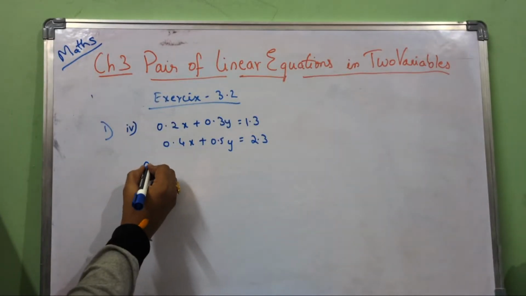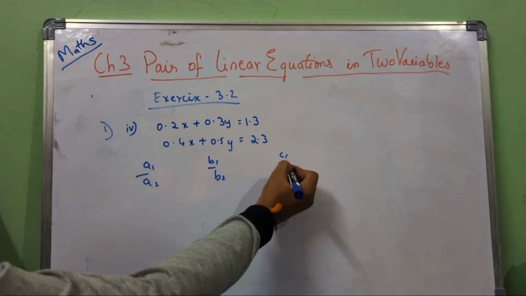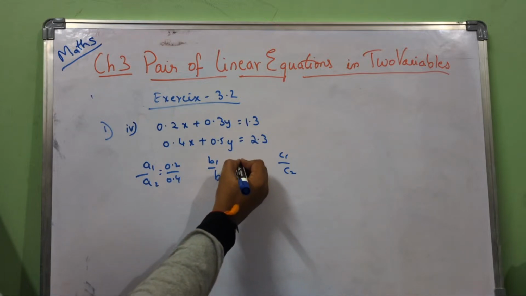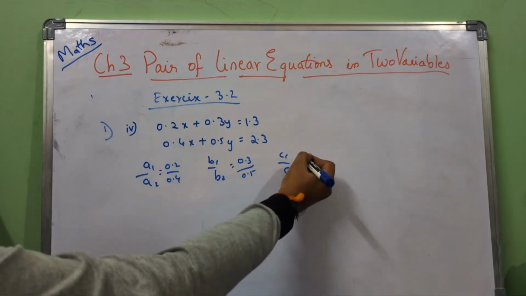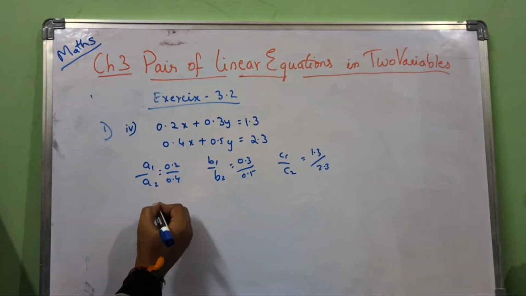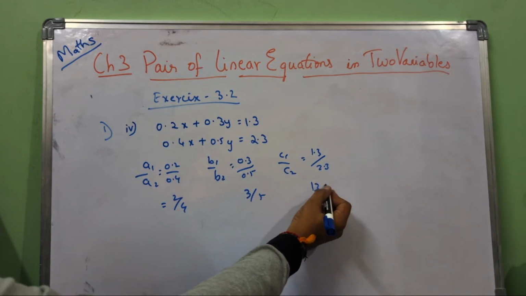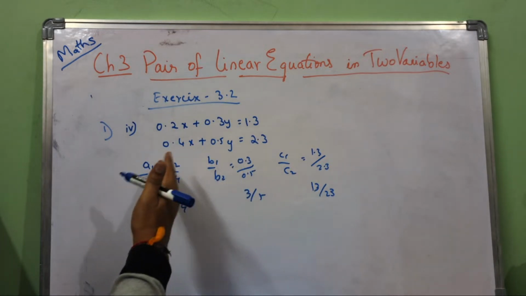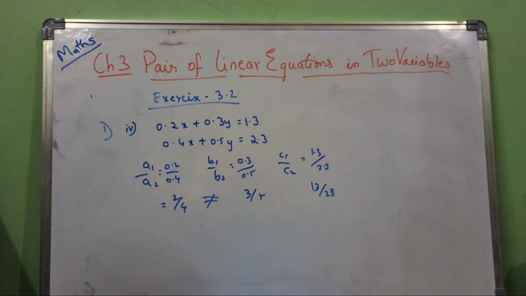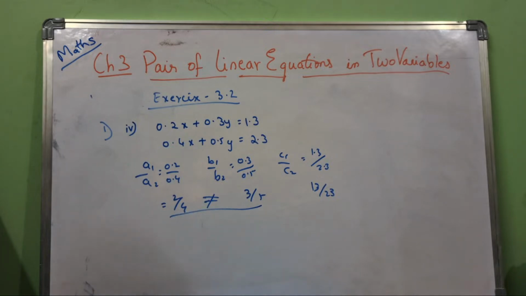We'll do it in decimals only. Let's check our basic condition, which is a1 by a2, b1 by b2, and c1 by c2. So a1 by a2 is 0.2 by 0.4, b1 by b2 is 0.3 by 0.5, and c1 by c2 is 1.3 by 2.3, which is 13 by 23 if we multiply by 10 on both sides. So a1 by a2 is not equal to b1 by b2. Nothing to check about c1 by c2, because here itself it is saying that it is intersecting lines.